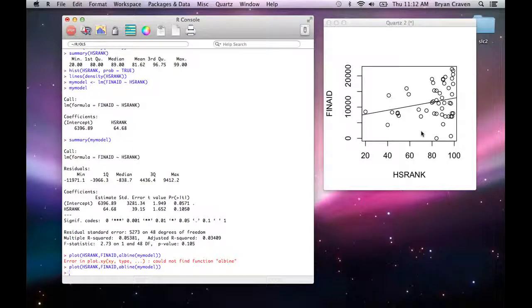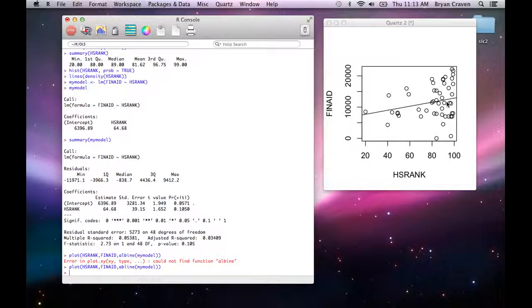So what abline did is it took 2 points. You can think of it as taking points A and B, and the 2 points it took were the intercept estimate of the coefficient there, and it took the HS rank estimate and built a second point based off of that, and it plotted it here as a straight line.